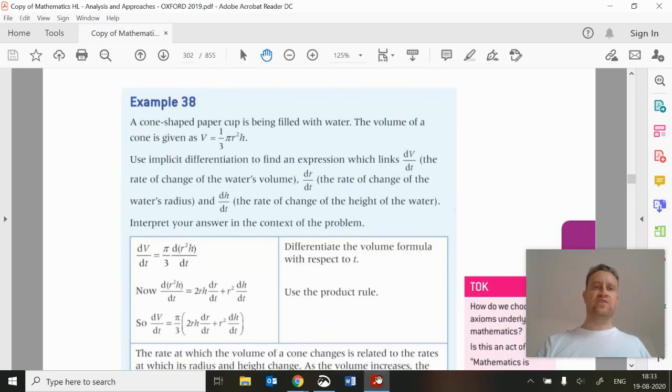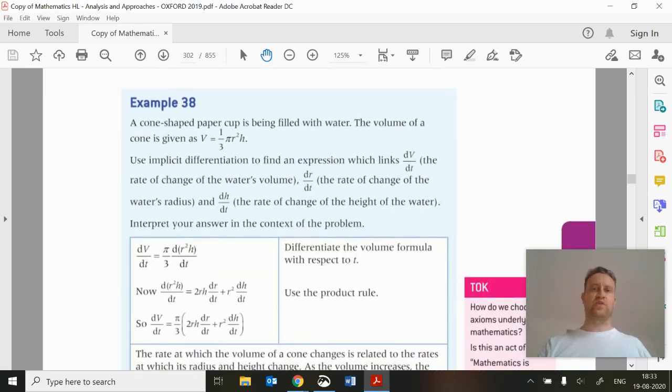So, for example, in this question here, they're talking about dV/dt, so how's the volume changing with respect to time, dr/dt, so r here is a radius, so how is the radius changing with respect to time, and likewise how is h changing with respect to time as well, dh/dt. And so when we do our implicit differentiation, we may end up with other related rates of change which aren't dy/dx. And we'll see that through this question.